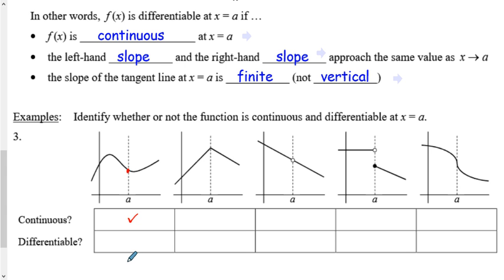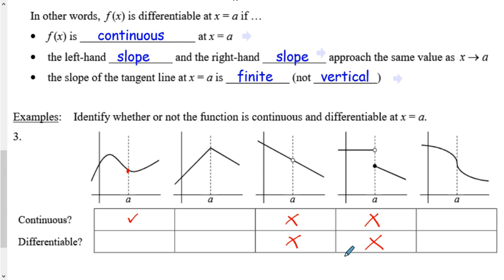Is it differentiable? So we have met that continuity condition. If we had to say no here, then we'd say, well, it can't be differentiable if it's not continuous. So let's look ahead here, and we'd say, oh, this one is not continuous at x equals a. If it's not continuous, it cannot be differentiable. Similarly for this one, it's discontinuous at x equals a, which means it cannot be differentiable.